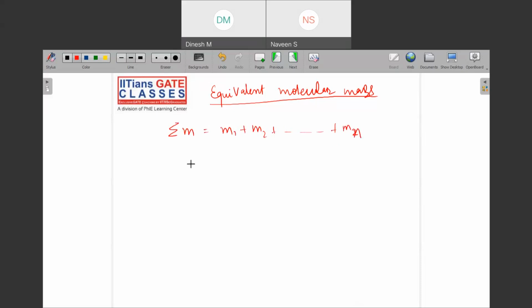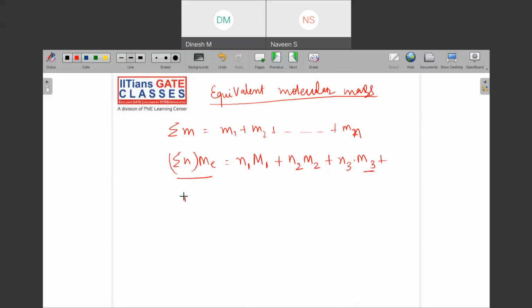Then we have the summation of n into molecular mass, equal to the mass equivalent, which will be the mole of 1 into its individual mass. Similarly, the number of moles into the molecular mass. This is nothing but the equivalent mass, right? The number of moles into that particular individual mass. This is what? Molecular mass, right?